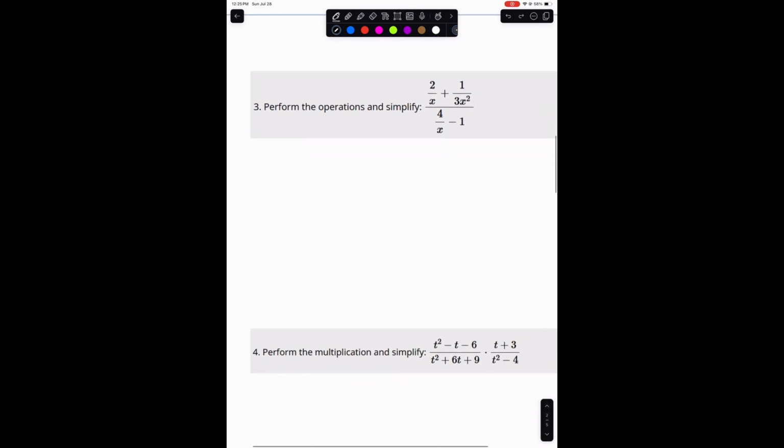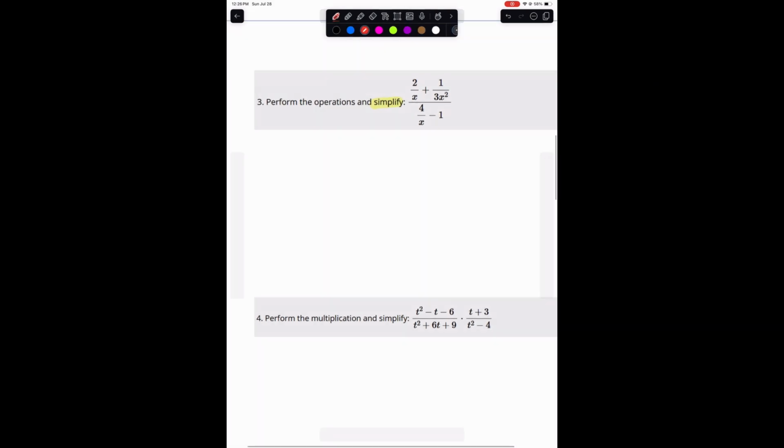All right, number 3 is to simplify again. The easiest way to deal with this one is to actually multiply top and bottom by 3x squared. So you have 2 over x plus 1 over 3x squared, over 4 minus x minus 1, right?